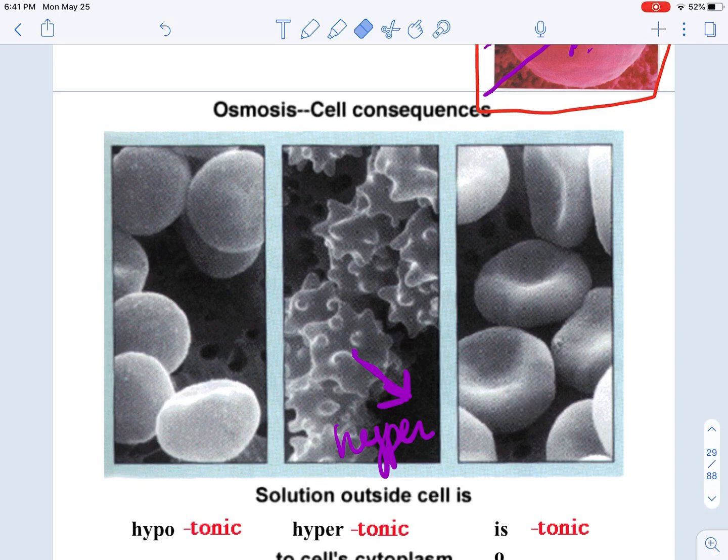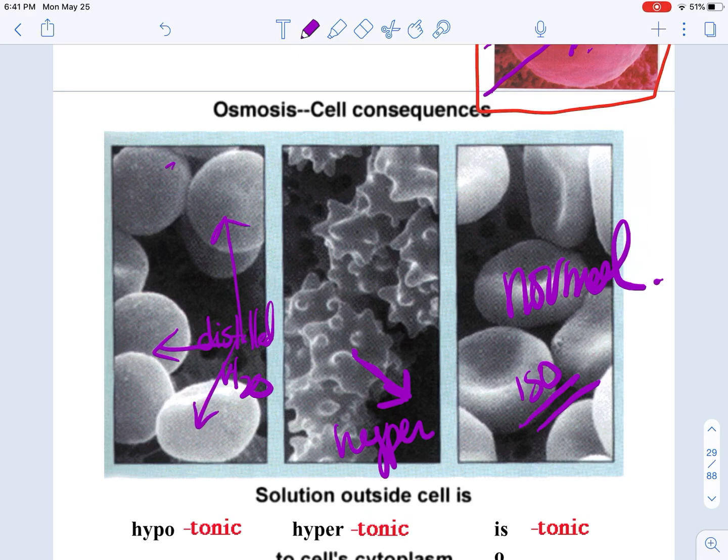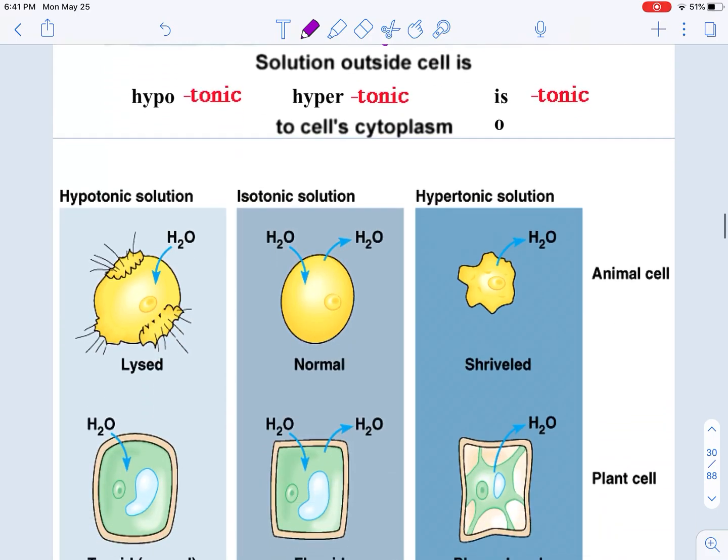This is our isotonic, I was wondering why that looked wrong, pardon me. Okay, this is the isotonic red blood cell that is same concentration inside and out, so this is actually the normal cell in this diagram, and this one is the one that's put into pure distilled water, and that's hypotonic, and therefore the water will try to go in and dilute our cells and swell those cells as a result.